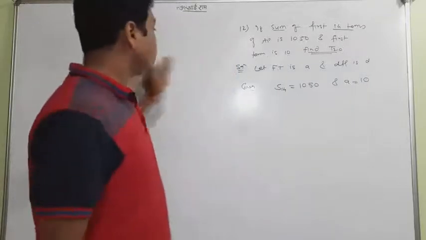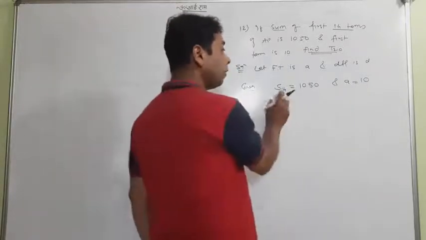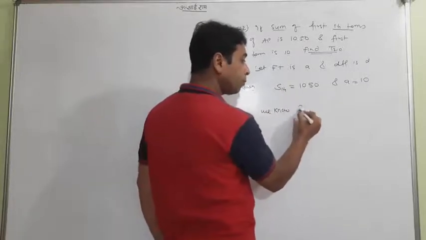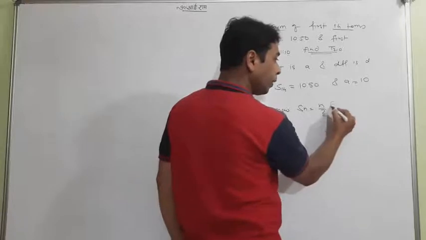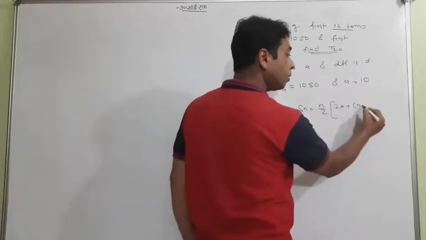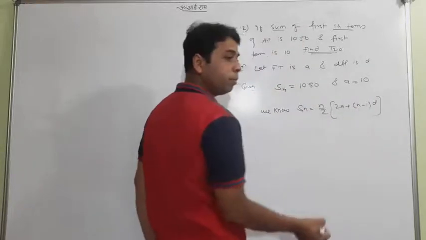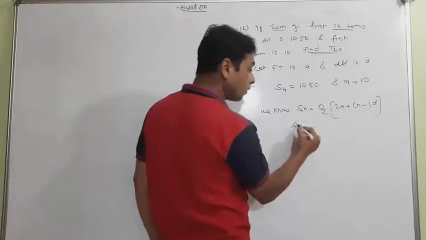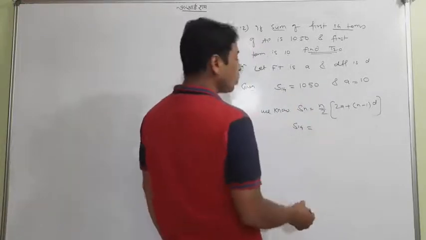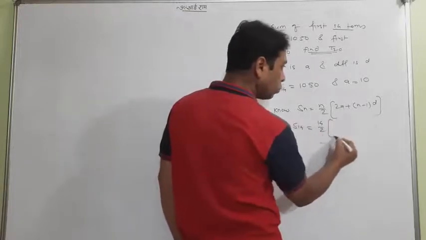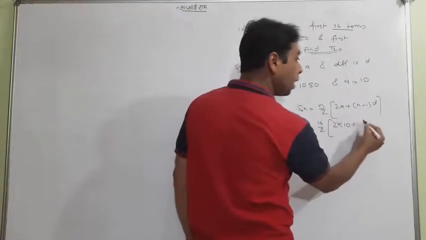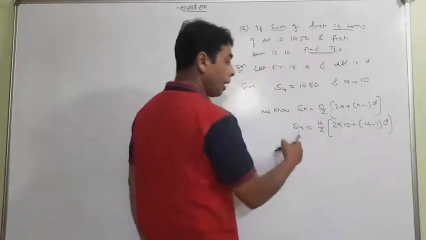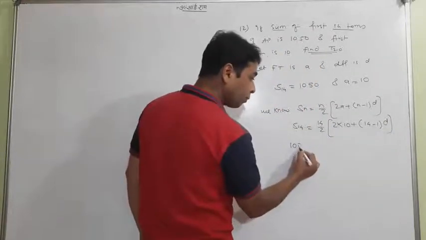Whatever is given, we will use it. What is given? Sum. So we know the formula of sum: n by 2, 2A plus n minus 1 into D. Instead of n, you can put 14 because S14 is given. So 14 by 2, 2A, n minus 1 is 13, D unknown, and S14 is given as 1050.